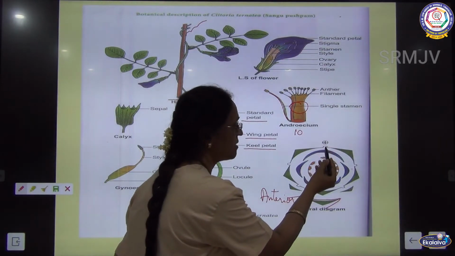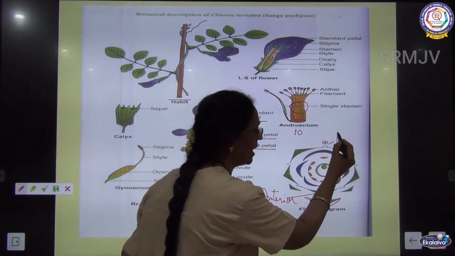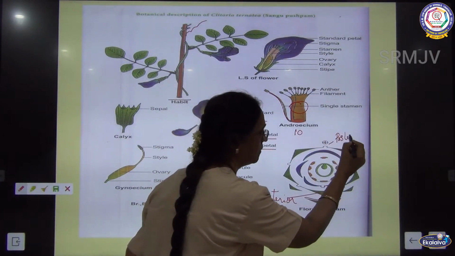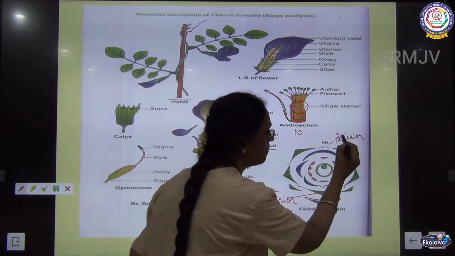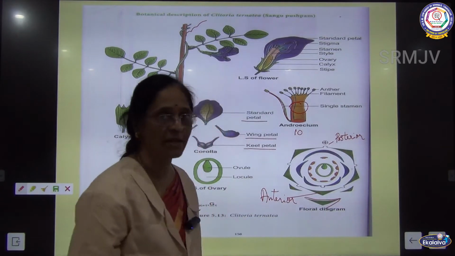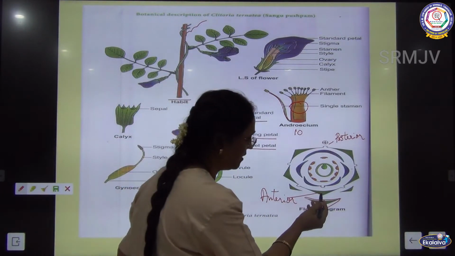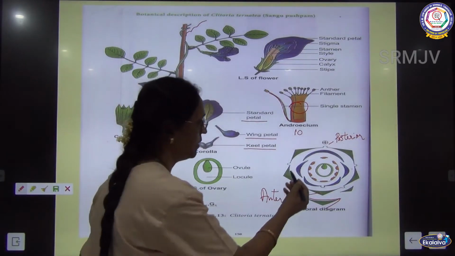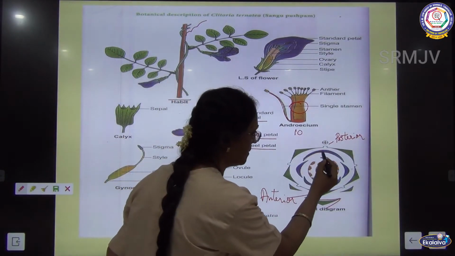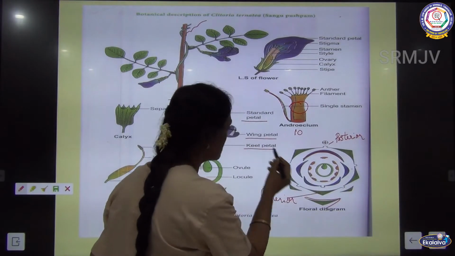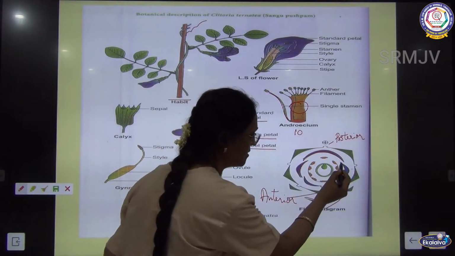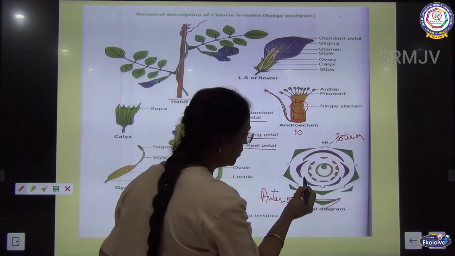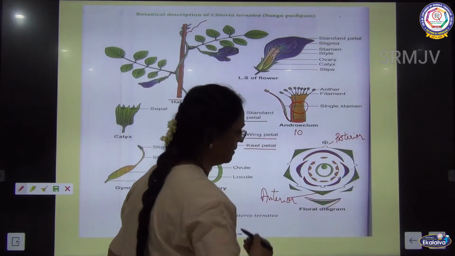The side facing the mother axis is called the posterior side, and opposite to that is the anterior side. So here the odd sepal is anterior in position, and when it comes to the corolla, this is the standard petal, this is the wing petal, the 2 lateral petals here, and these 2 inner petals are called the keel petals.